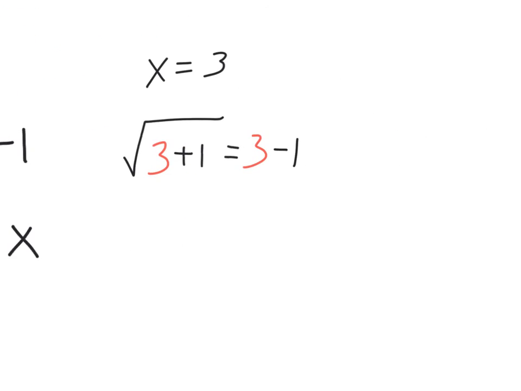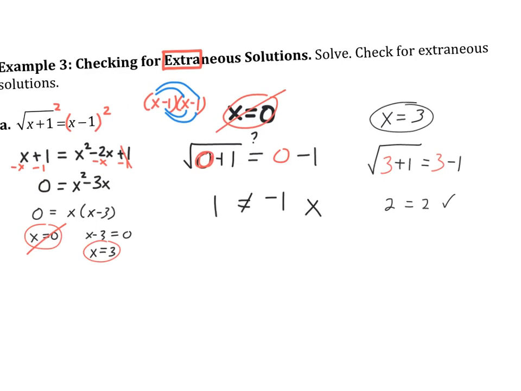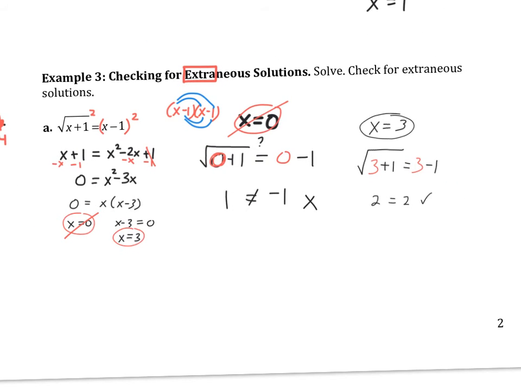The square root of 4 is 2, and 3 minus 1 is 2. Oh, good. It does work. So I've introduced a second solution by squaring both sides, which creates a problem where one of them could be false. Technically, they both could be false, or technically they both could be right. So I'm just going through to check to see if I introduced something that was false.